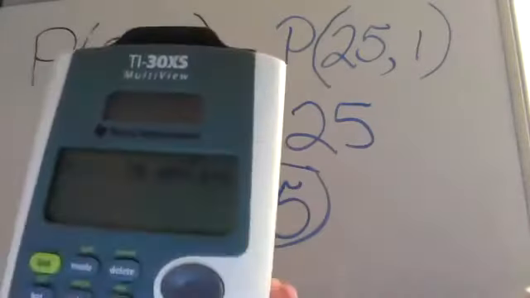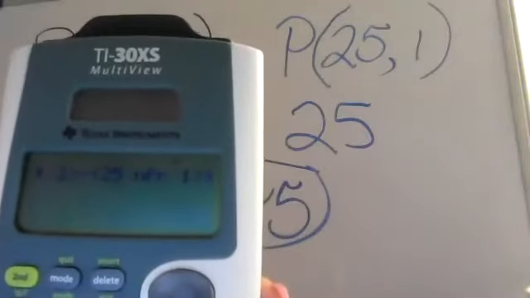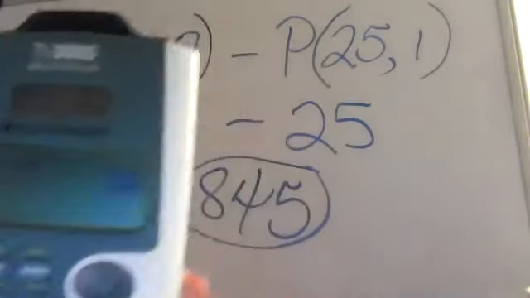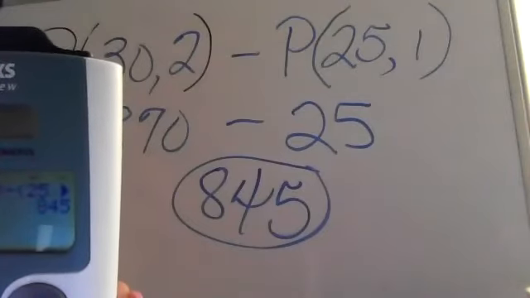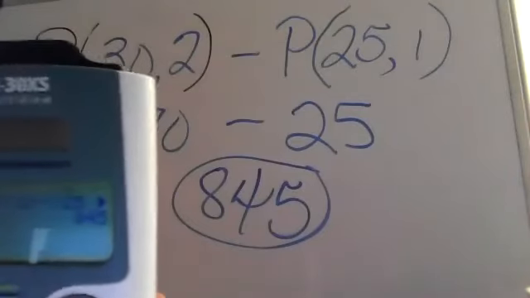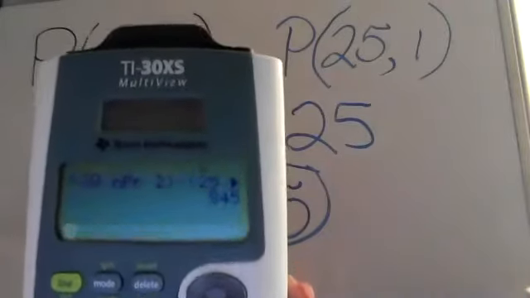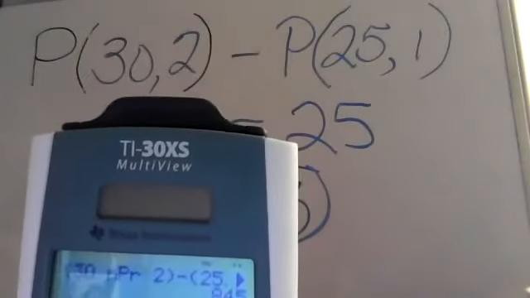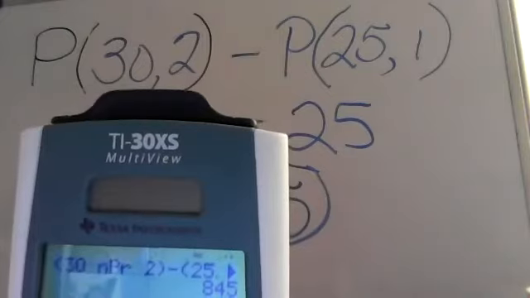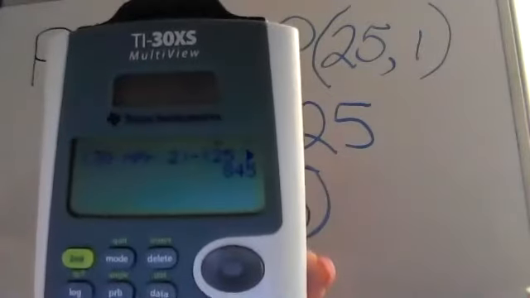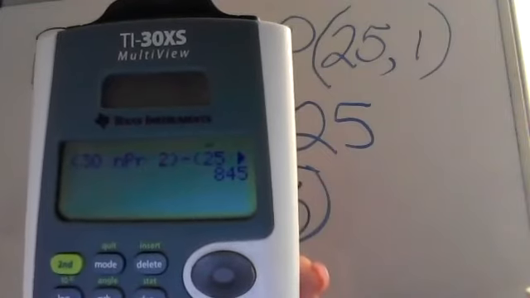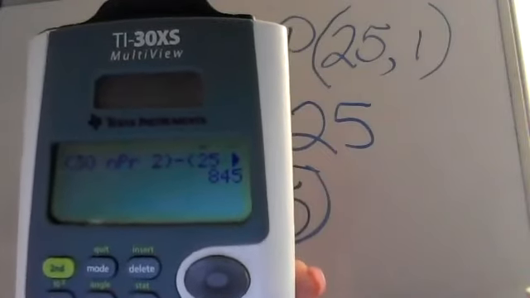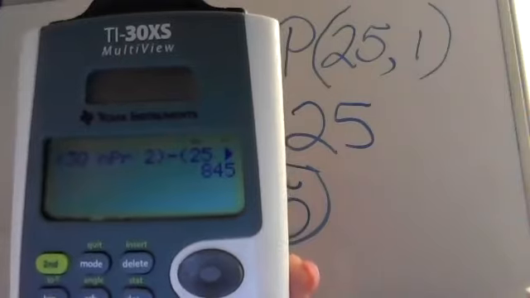Now cross your fingers and hopefully we'll get the same answer. 845, okay? But it's definitely going to be important for you, if you've got two different permutations that you're going to try to do together on the calculator, to put parentheses around the whole first problem and then parentheses around the whole second problem, okay?